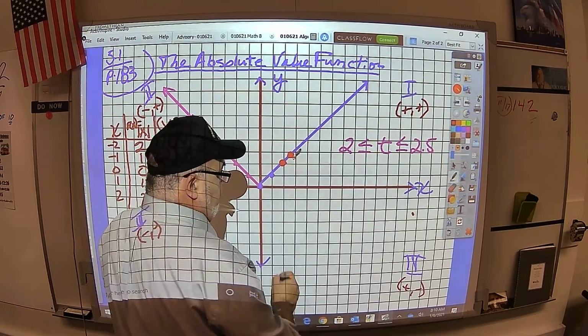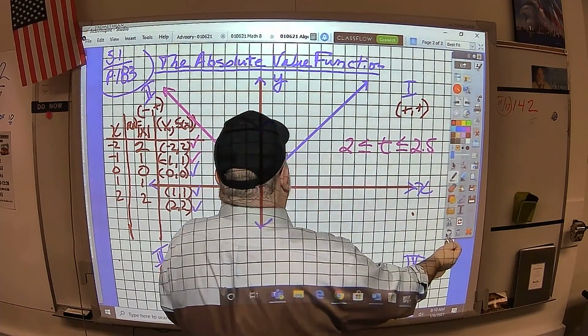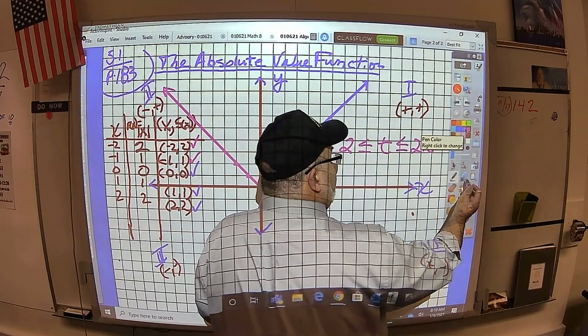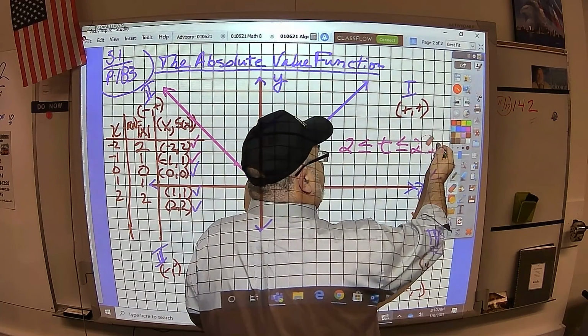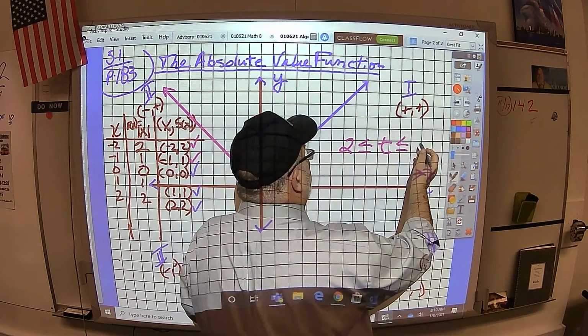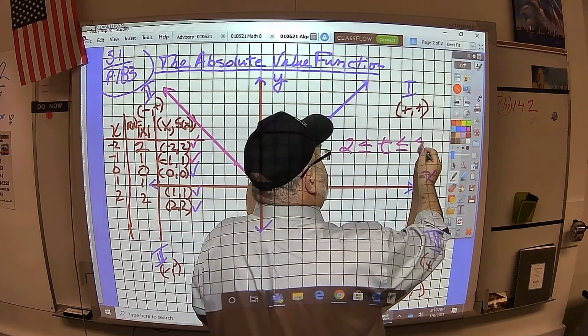Let's change this a little bit. I'm going to go back to here, and I'm going to erase this because I want to have a bigger picture, so we can look at it a little bit more clearly. Let's say I'm going to go to 5.